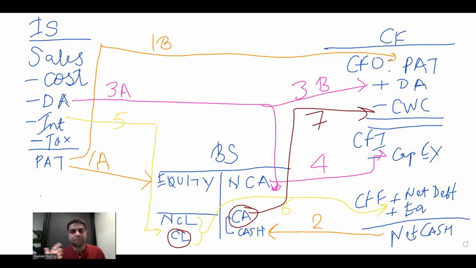It adversely impacts your cash flow from operations, and the result is you're not left with a lot of cash. So your profit after tax should always be backed up by your cash flow from operations, because that's a healthy company.